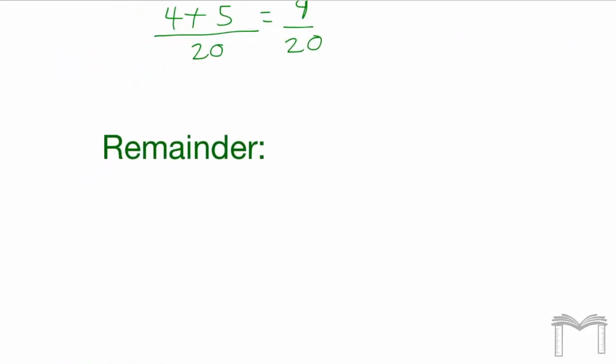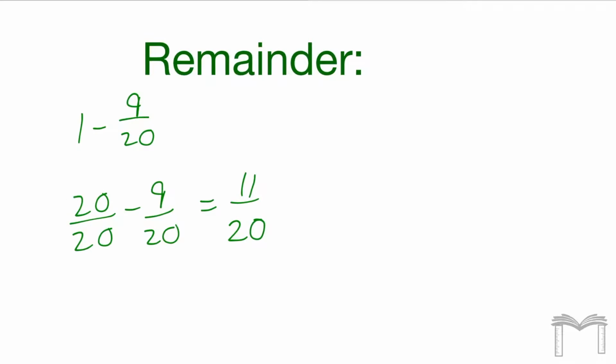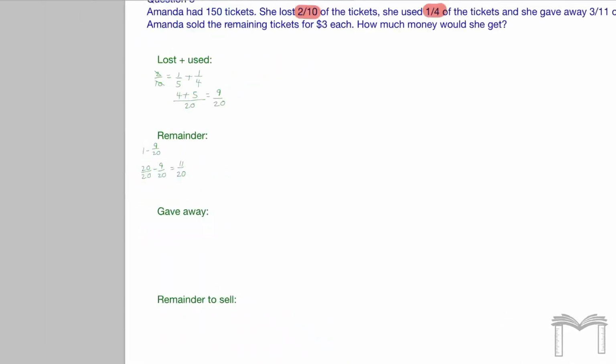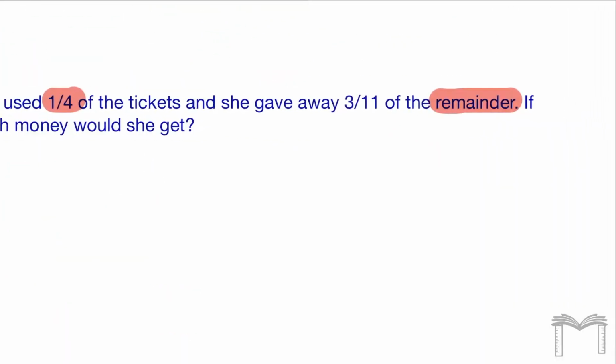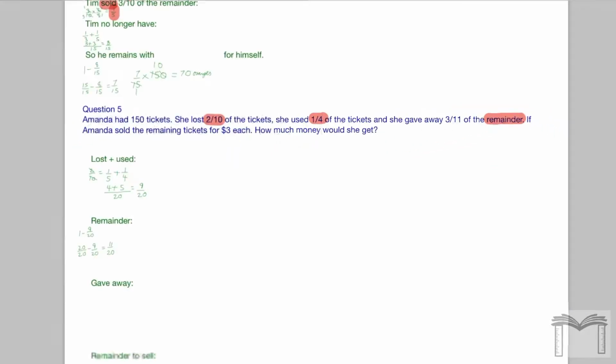So what remains is 1 whole take away 9/20, and that can be written as 20 over 20 take away 9 over 20. 20 take away 9 is 11. So the remaining fraction after she lost and used a particular amount is 11/20. So they're telling us here that she gave away 3/11 of the remainder.